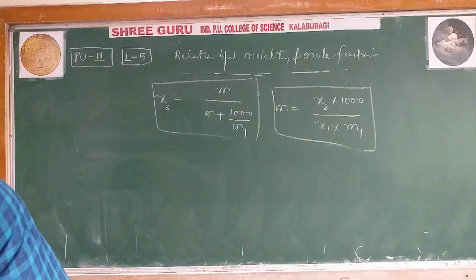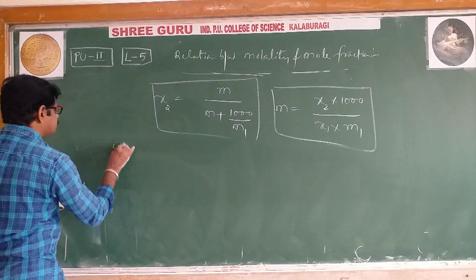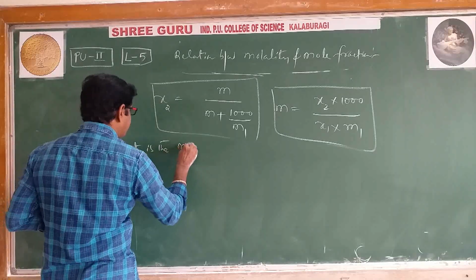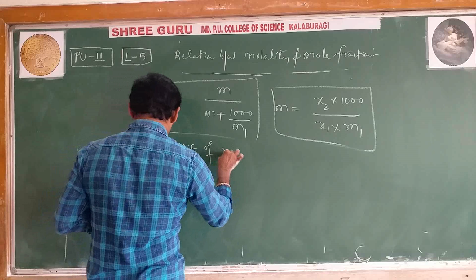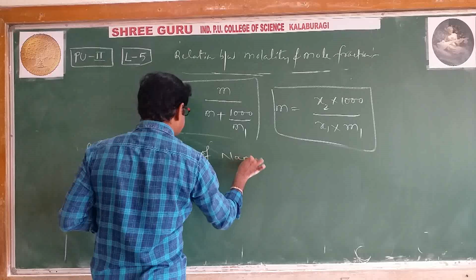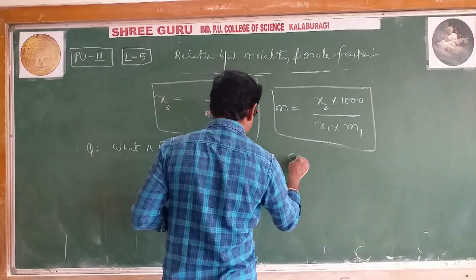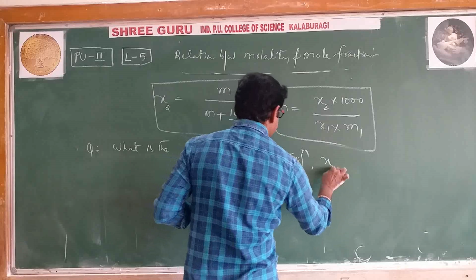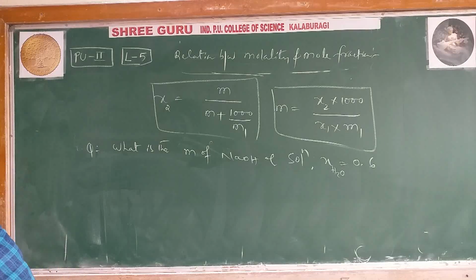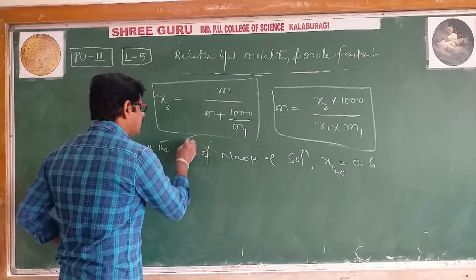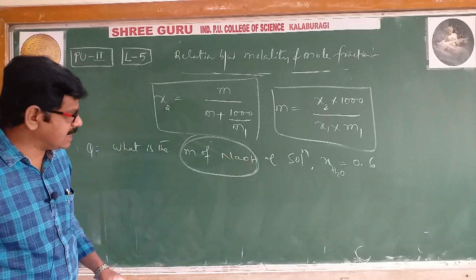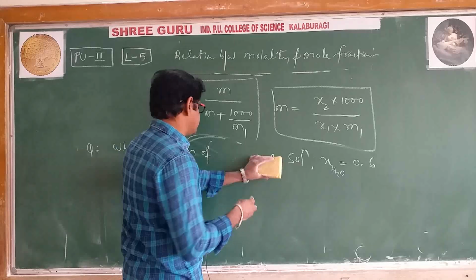The question is like this. What is the molality of NaOH aqueous solution? Here the mole fraction of water is given as 0.6. That's it. He's asking what is the molality of NaOH aqueous solution.